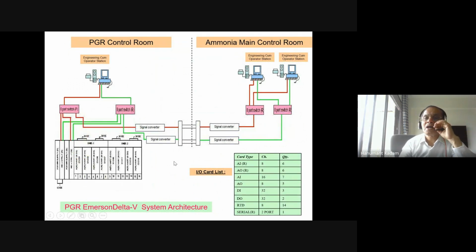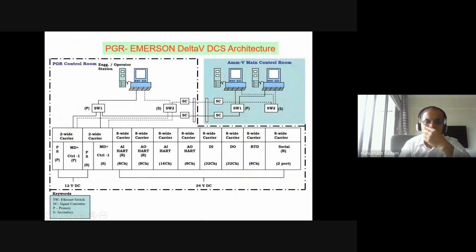Yesterday I was discussing that argon plant, the purge gas recovery plant. We have Emerson DCS, and this DCS is also connected to the existing ammonia main control room, where a Yokogawa system is there, and you can see fiber optic cable is used with converters. So that is what is shown, signal converters. Yesterday I showed these slides.